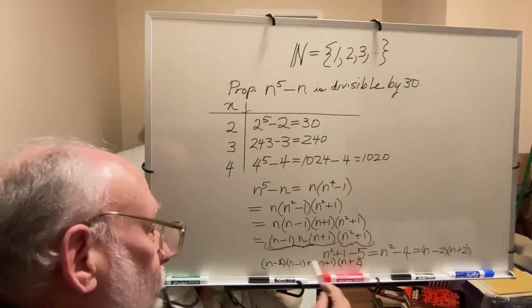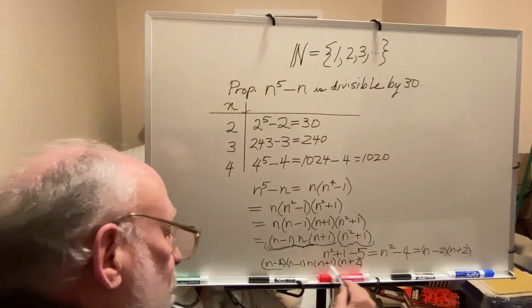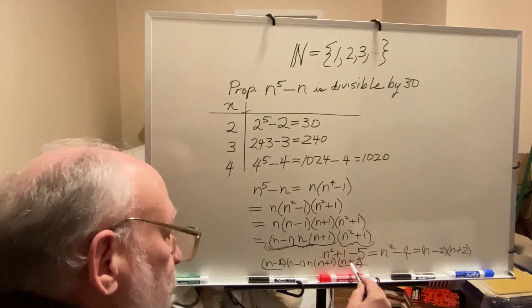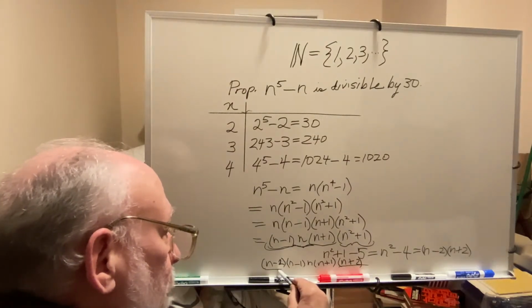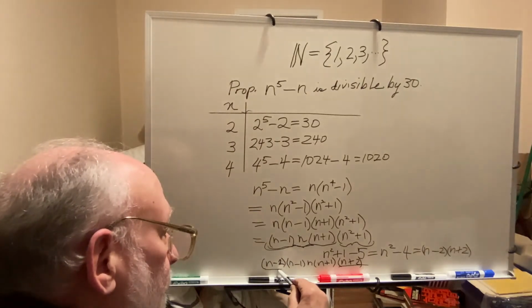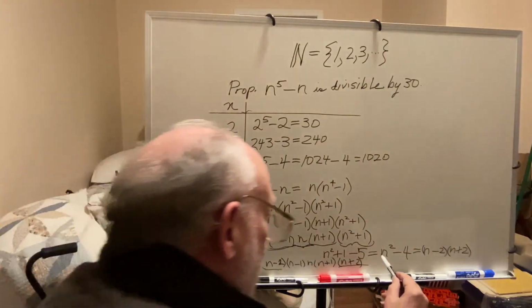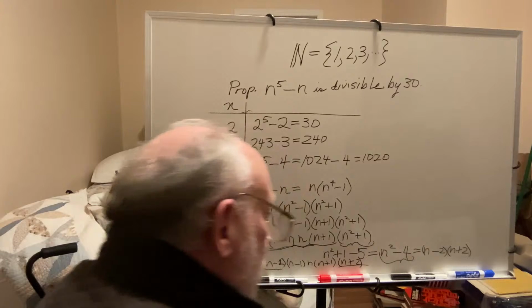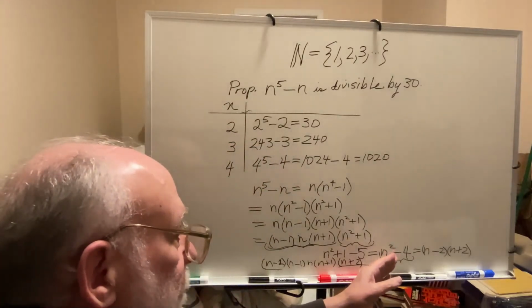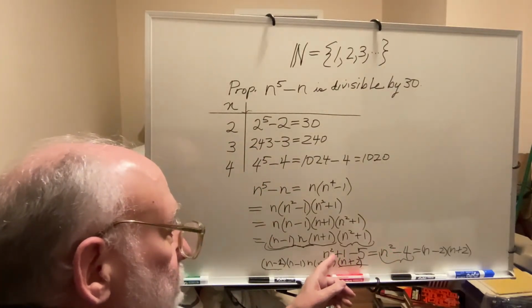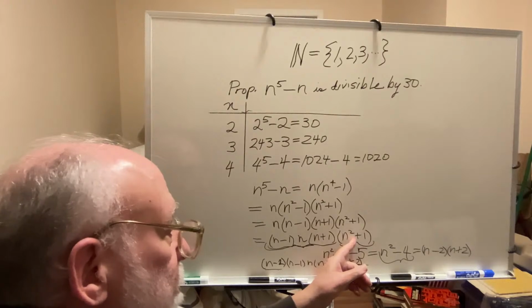If the number that's divisible by 5 falls here, it's got to be this. If this is divisible by 5, this is divisible by 5, and this is divisible by 5.